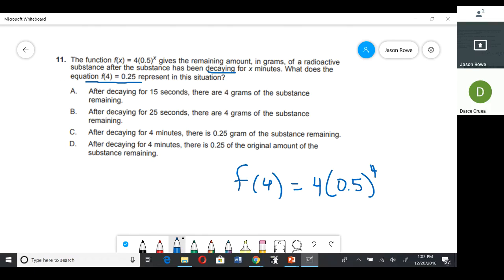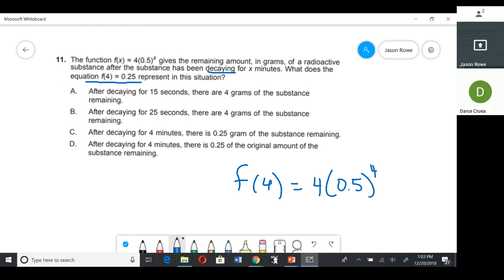Okay, so if you look at the very beginning, it tells you that the function gives the remaining amount, right? So if we work this out, you've got a calculator, you can do that. You would get f of 4 equals 2500, 0.25.